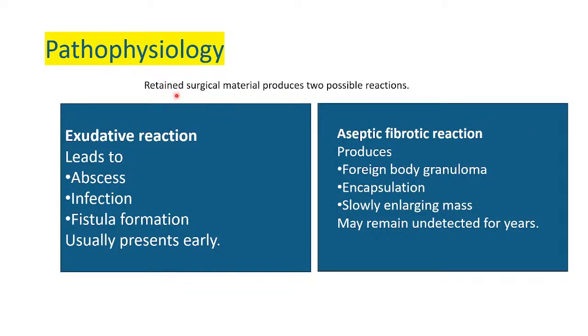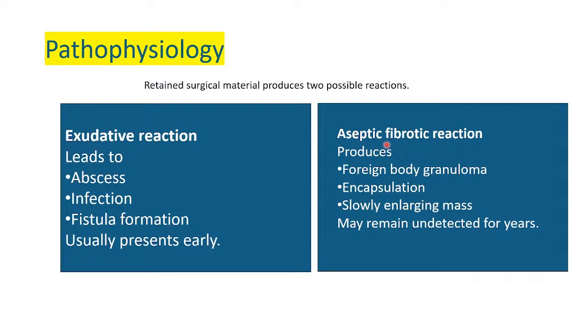Now let's talk about the pathophysiology of a textiloma. Retained surgical material produces two possible reactions. One, an exudative reaction leads to abscess formation, infection, fistula formation, and usually presents early.